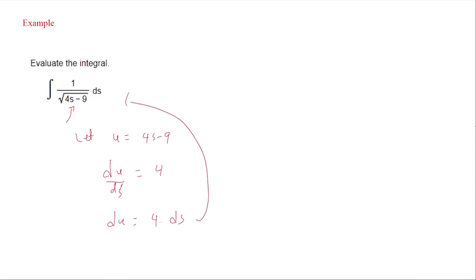So we go back to this problem and replace this with the value of u. By doing that, you will see 1 over u to the power half. The square root means power half, and this ds can be replaced: ds is equal to du over 4.